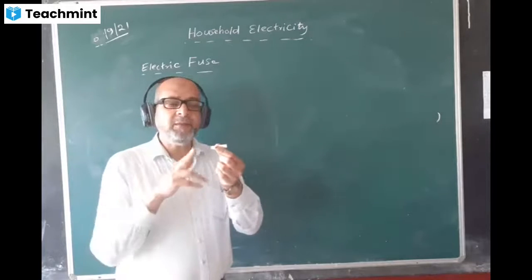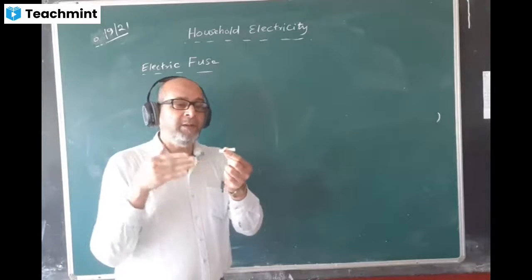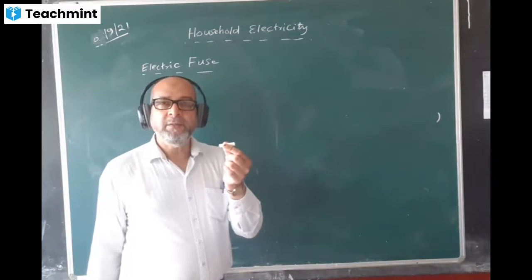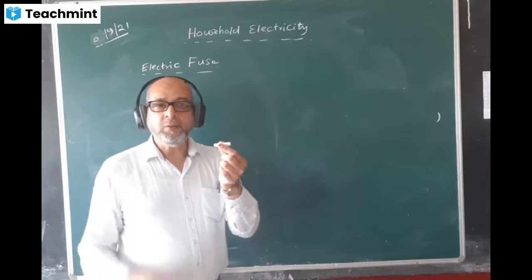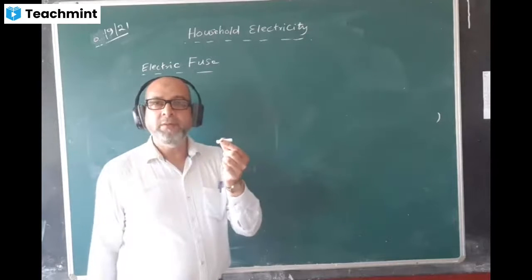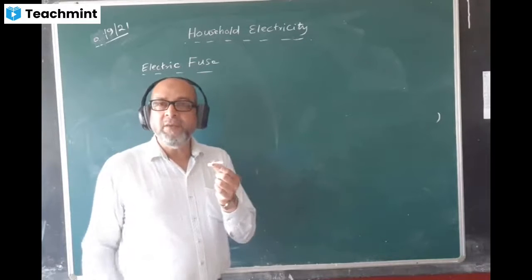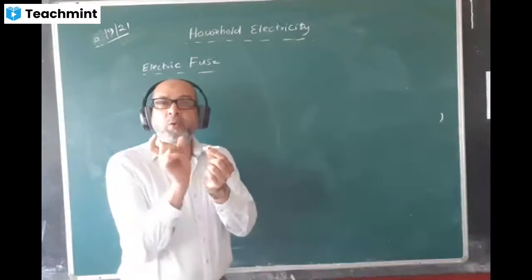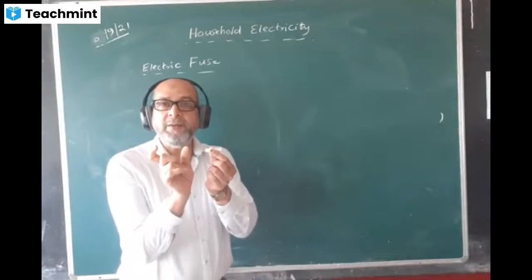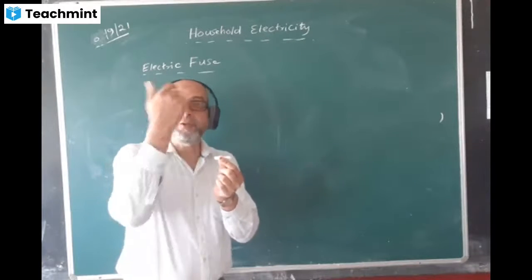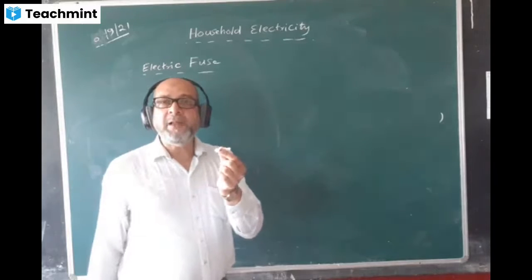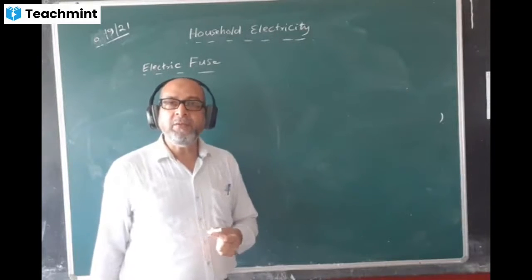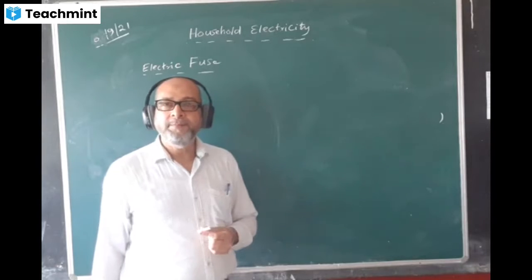By chance, if the current value becomes more, the appliance will get damaged. The appliance coil and all will get burnt. So it prevents that. If you use a fuse wire of 5 ampere, then in no case will the current exceed 5 ampere passing through the appliance, and the appliance will be protected from damage due to high flow of current.